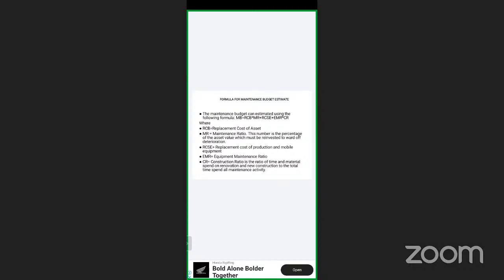Suppose sometimes a few of the floors of the building are constructed afresh, and some blocks are being dismantled and built again. How much of the total maintenance activity, how much of the time and cost, are you spending on only constructing new things?